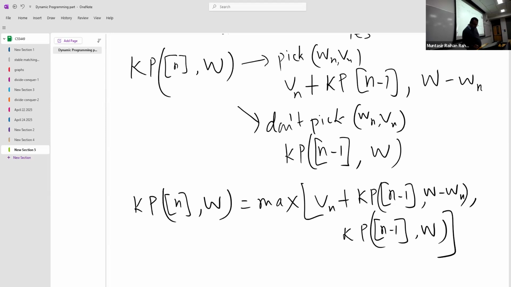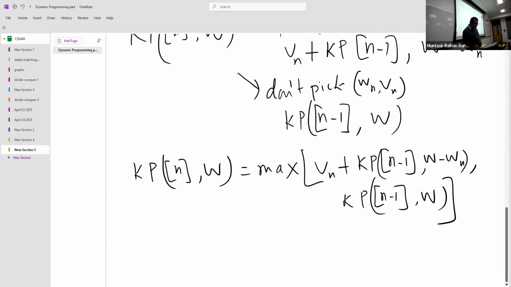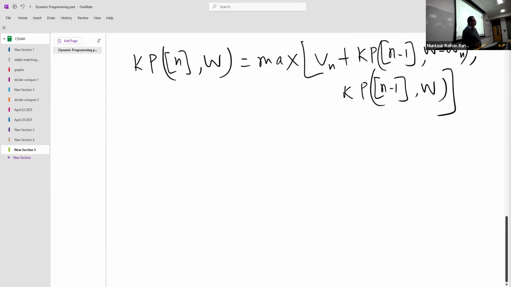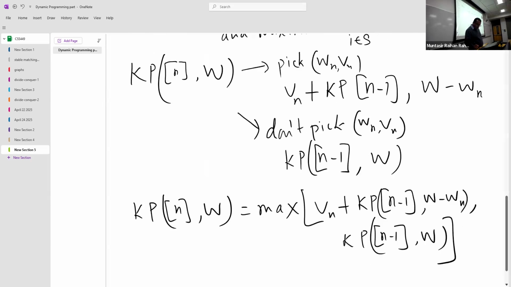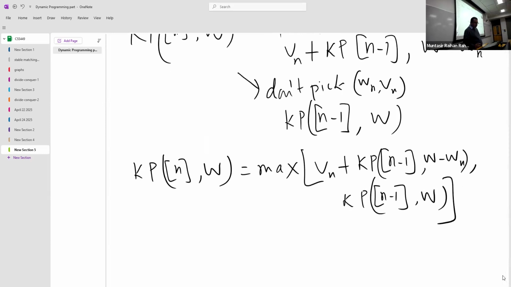And now the next task is to figure out how many subproblems we have, or bound the number of subproblems. So if you look at this relation, what are the possible subproblems you have to solve? What are the values that are changing here from a smaller problem to a bigger problem?